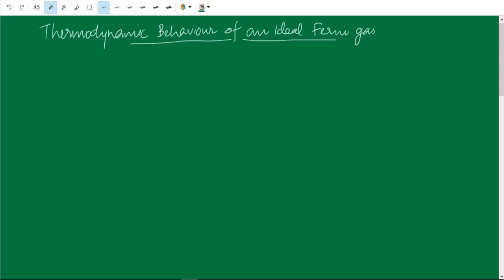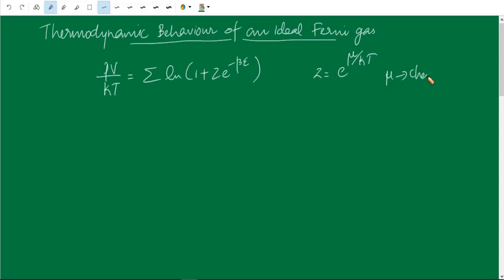Okay. Now, for an ideal Fermi gas, we know that PV divided by kT is equal to the summation of log(1 + z e^(-βε)), where z is the fugacity, e^(μ/kT), and μ is the chemical potential of the system.